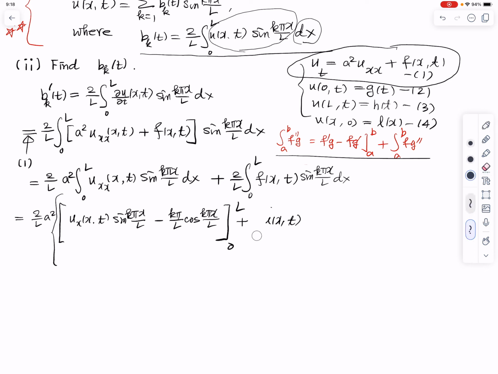and then you need the derivative twice of this sine term, and you'll bring a minus sign.